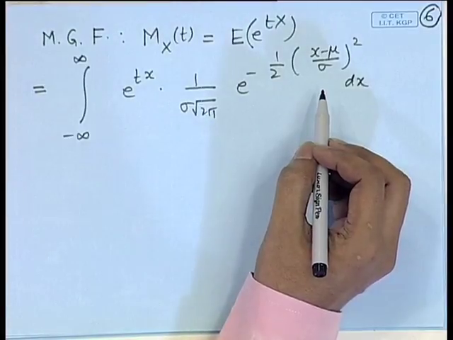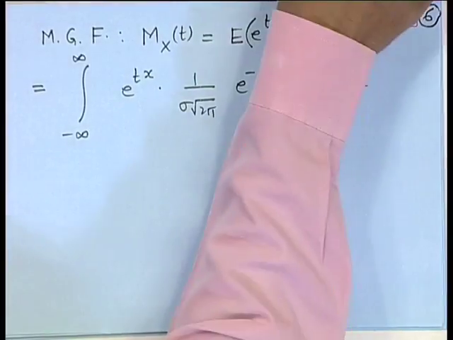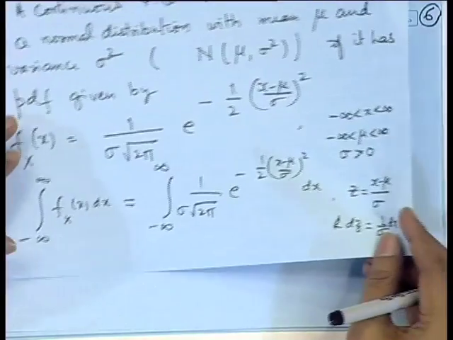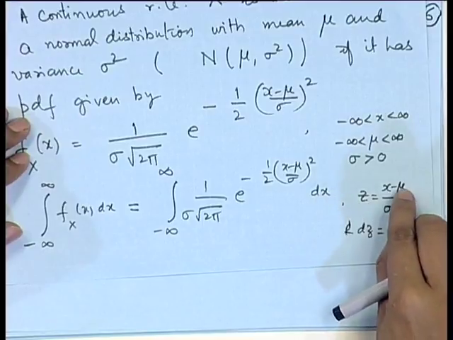So, we will still consider the same transformations which we introduced for the evaluation of any integral involving the normal density function, that is z is equal to (x minus mu) by sigma.